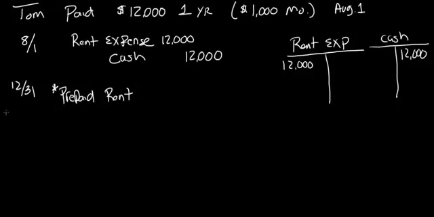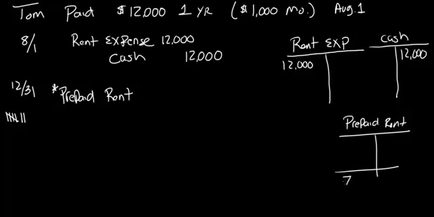Let's count these up so we get them right. January, February, March, April, May, June, and July. So we're owed 7 months of rent at $1,000 a month. So we should actually have in our prepaid rent account $7,000. We should have an end of the year balance of $7,000 in that account.